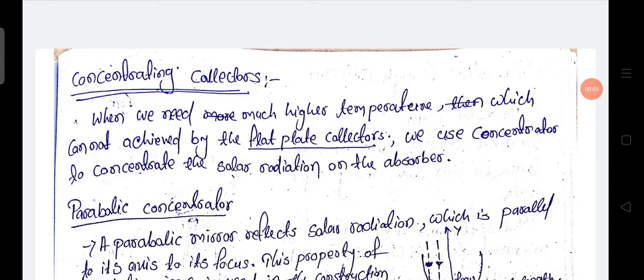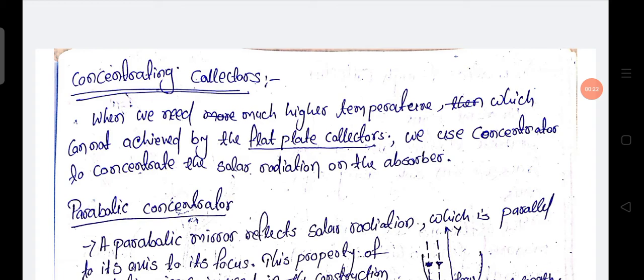Okay. In today's class, we are going to discuss concentrating collectors. Previously, we have already seen flat plate collectors.